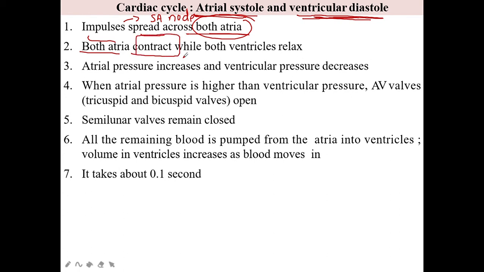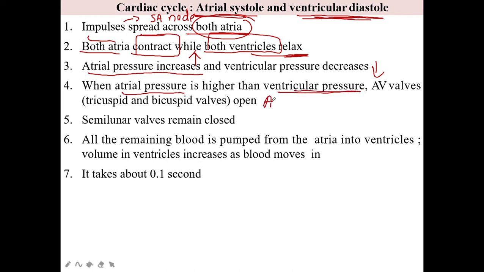Alright, and then both ventricles akan relax. So during this time, bila atria contract, atrial pressure akan increase. And ventricle pressure, sebab dia tengah relax, ventricular pressure akan decrease. So, dia punya key ialah bila atrial pressure higher than ventricular pressure.